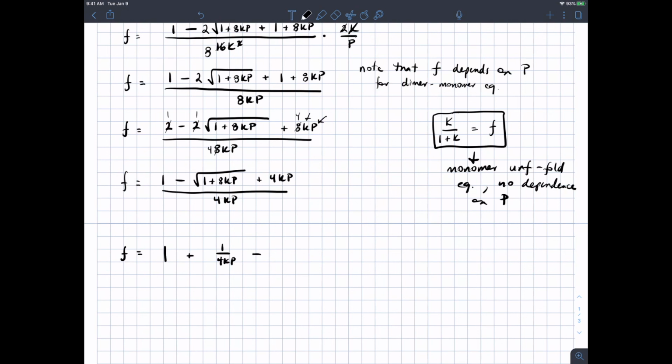And then we sort of need to put the 4kp inside the square roots, and if we do that, we would get something which we could simplify to the following, and I think this is probably how it reads in the Mathematica file that I've given you for monomer-dimer equilibria.